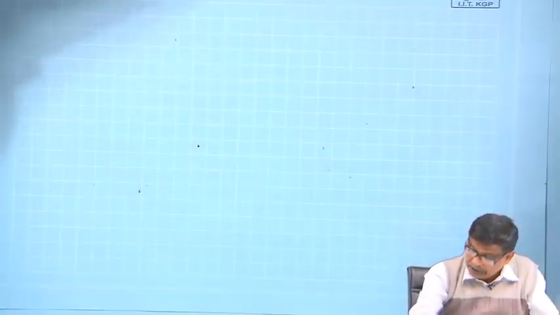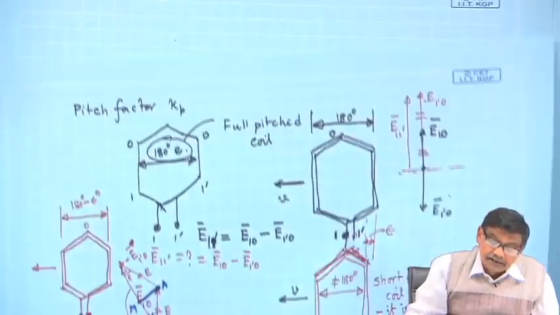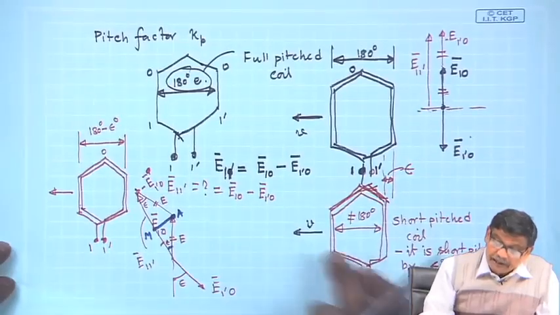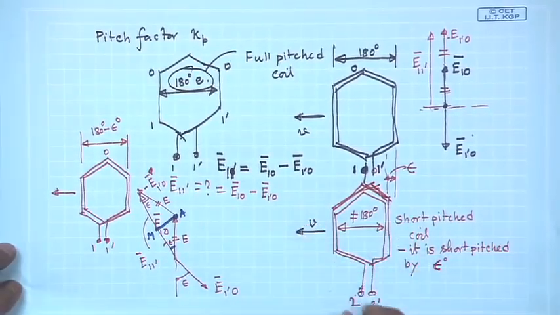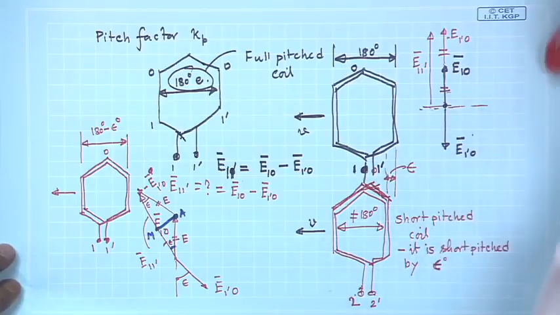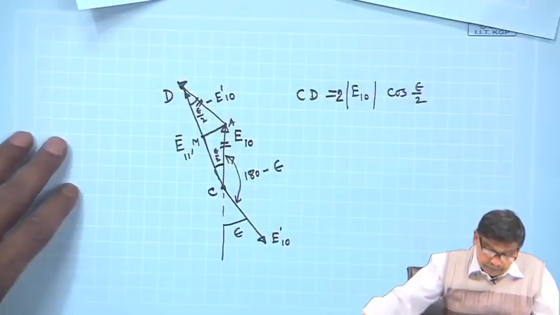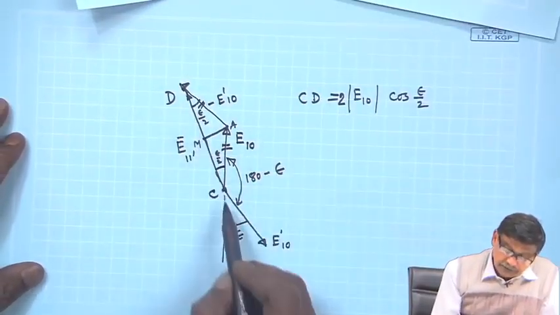But before that I wanted to find out that, if somebody has made not a full pitched coil but a short pitched coil, then the induced voltage, by what factor will it be reduced. So, if you compare it with this, this is the diagram we drew last time.